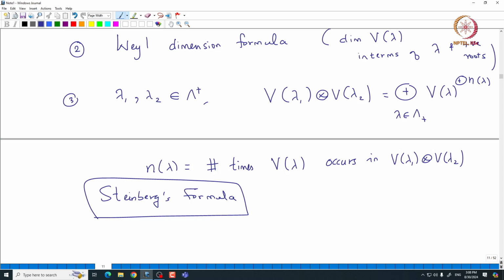Later we will also see the Littlewood Richardson rule, which is again a combinatorial rule that tells you how to compute these Littlewood Richardson coefficients, the n of lambdas. That is ultimately the goal of this course. After that we will stop the course.